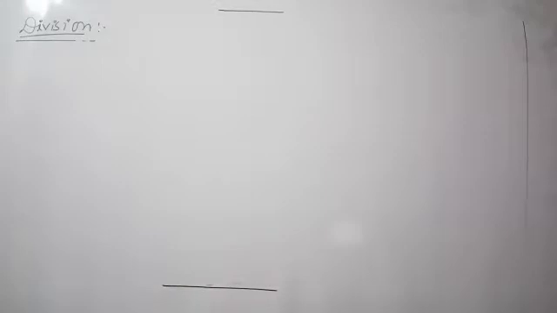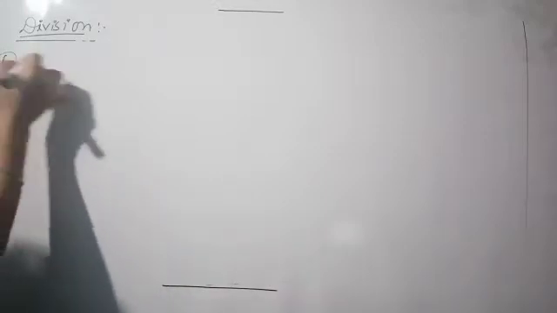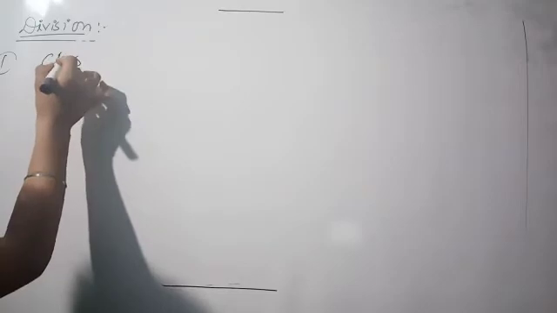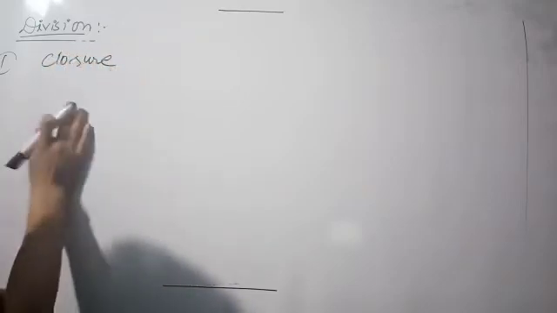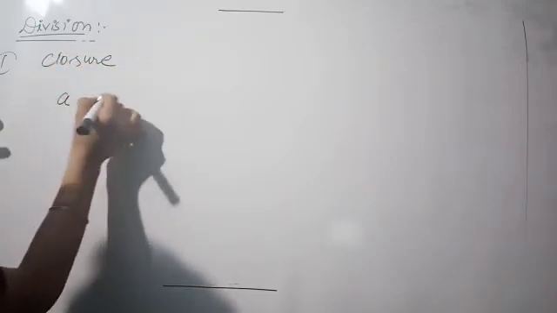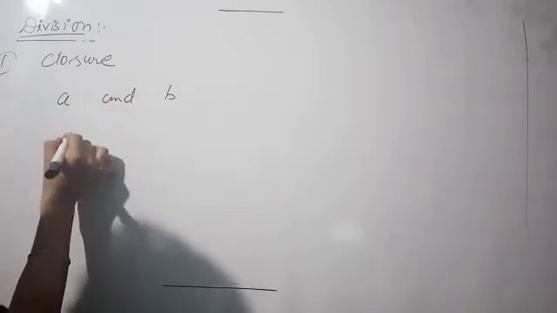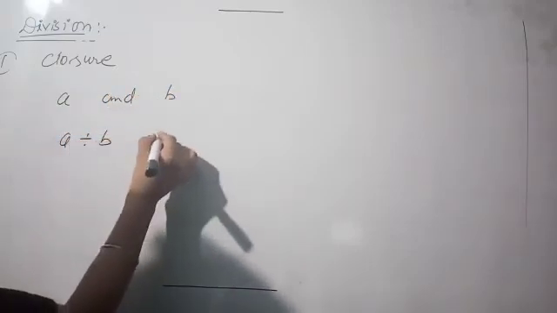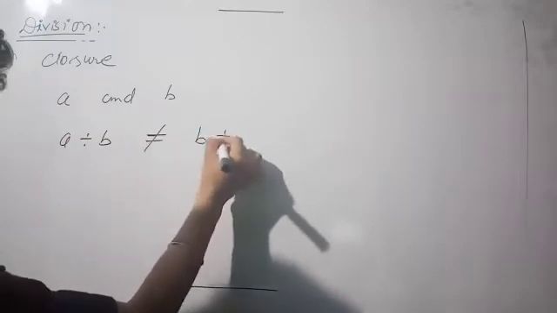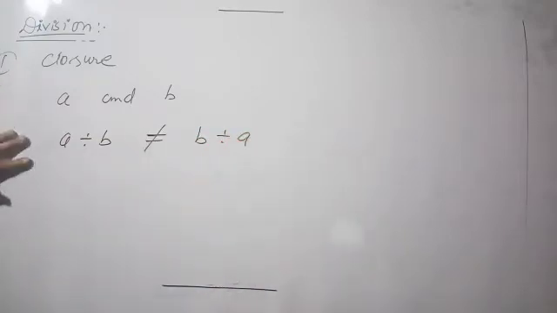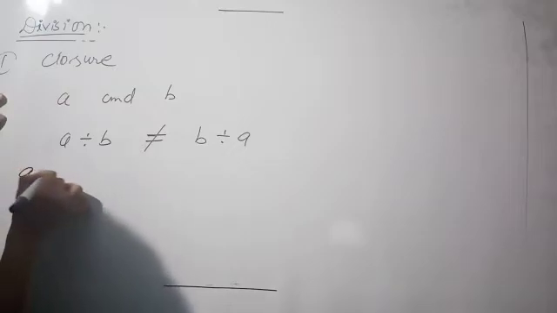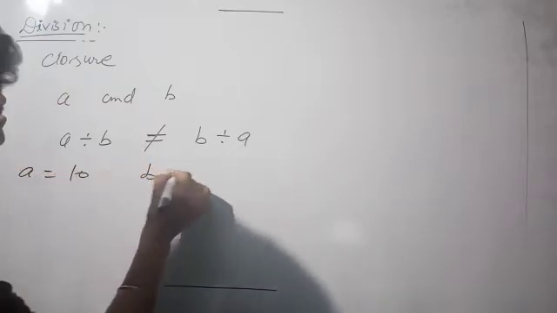Just for verification, we have property number one, that is the closure property. In closure property, if you are given two numbers a and b, and you have to find a divided by b, which cannot be equal to b divided by a. For example, a equal to 10 and b equal to 2.